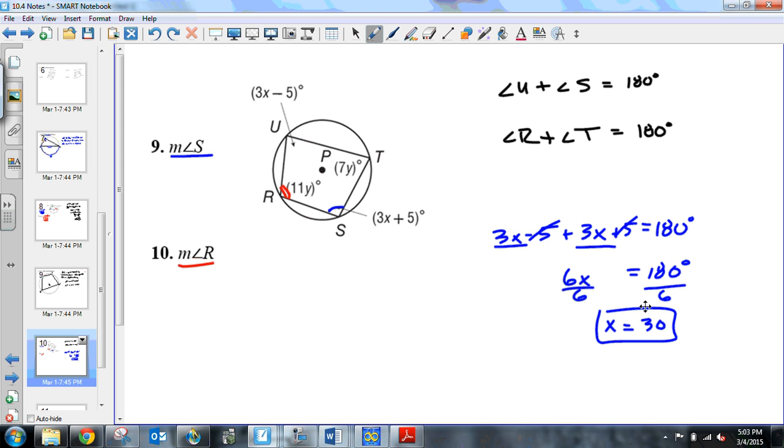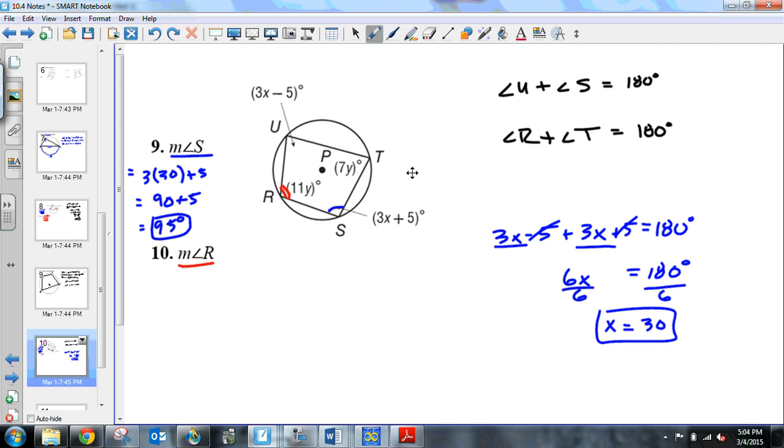Now, if X is 30, I need to find angle S. I'm going to plug X in here, so I get 3 times 30 plus 5. I end up getting 90 plus 5, so the measure of angle S is going to equal 95 degrees.